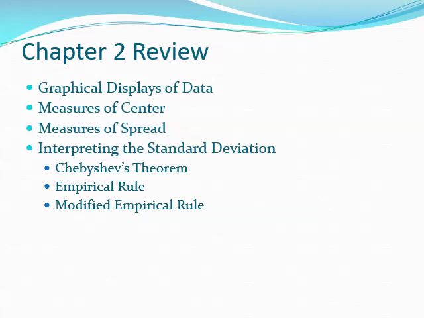How we use the rules, there's a couple different ways we can use them, but the main thing I want to get across to you is that we interpret the standard deviation using these rules. If you have the empirical or the modified empirical rule, we use the mean plus or minus 2 standard deviations. We expect most data to fall within 2 standard deviations.